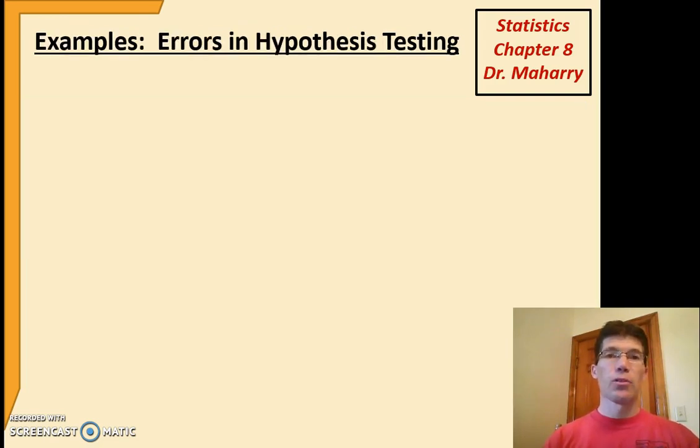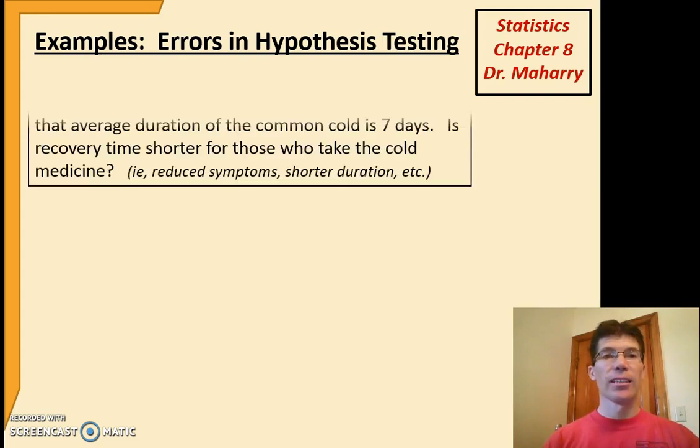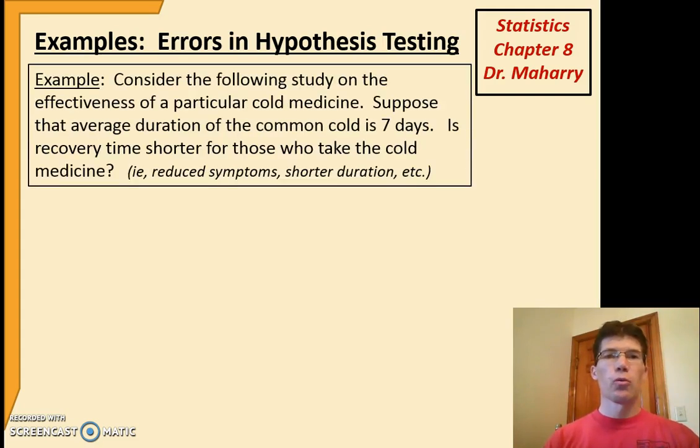So here's a couple of examples of errors in the context of a problem. Suppose we're looking at a particular cold medicine and we want to determine whether it's effective or not. We do some research and find that the average duration of a common cold is about 7 days. If we take this cold medicine, does it reduce the recovery time or make shorter time for symptoms and things like that?